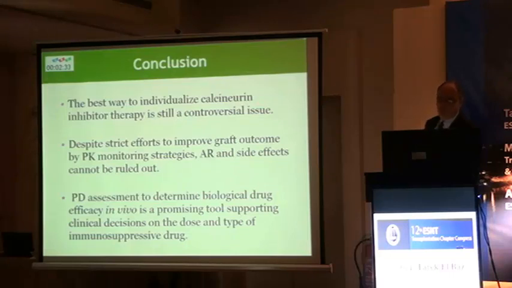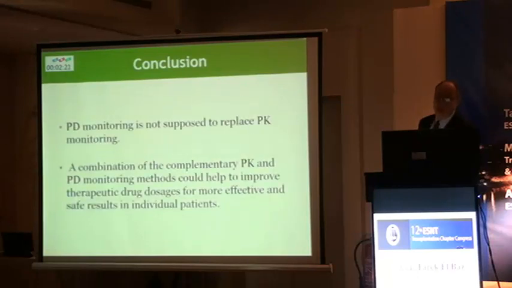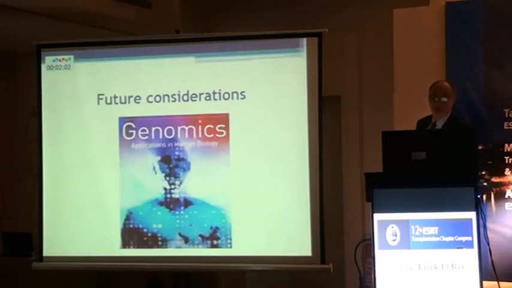Pharmacodynamic assessment to determine biological drug efficacy in vivo is a promising tool supporting clinical decisions on the dose and type of immunosuppressive drugs. And pharmacodynamic monitoring is not supposed to replace pharmacokinetics by all means. They should be combined together to complement each other, as such, improving the therapeutic target dosage for more effective and safe results in our patients.